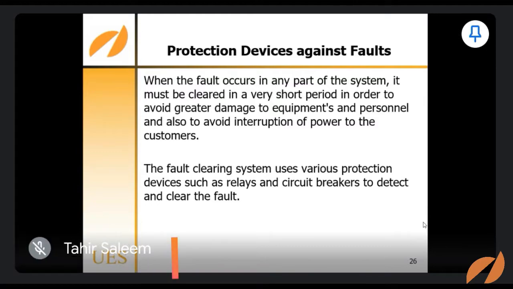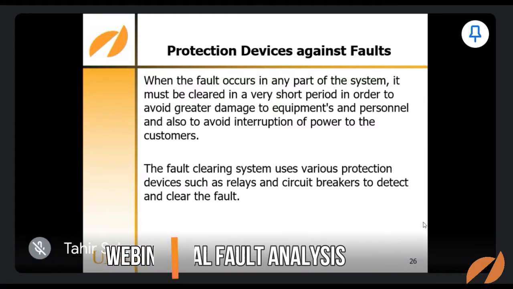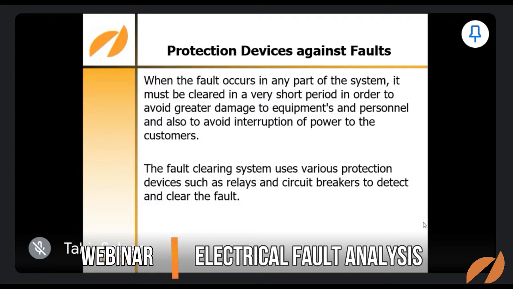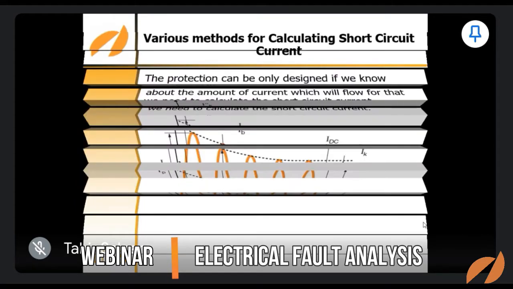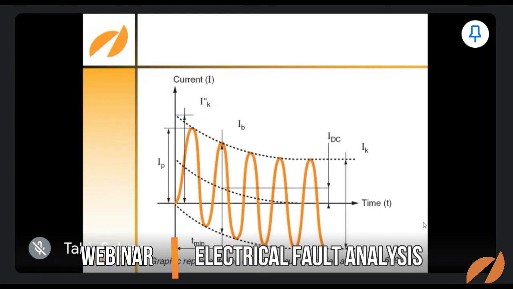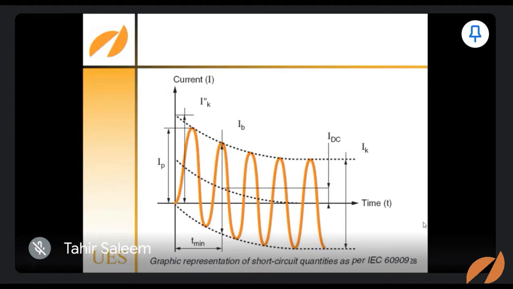The fault clearing system uses various protection devices such as relays and circuit breakers to detect and clear the fault. So your protection depends on clearance of the fault in the shortest time possible. The protection can only be designed if we know the amount of current which will flow. For that we need to calculate the short circuit current. You can see over here in this diagram the flow of the current in a short circuit, and the peak value occurs in the first cycle.